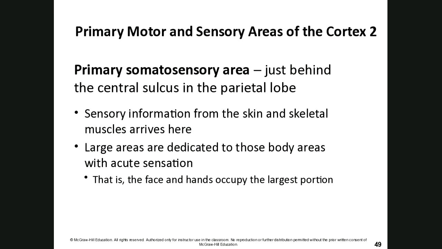Sensory information from the skin and skeletal muscles comes here. There are large areas dedicated to acute sensation. The face and the hands occupy the most area on the primary somatosensory area.